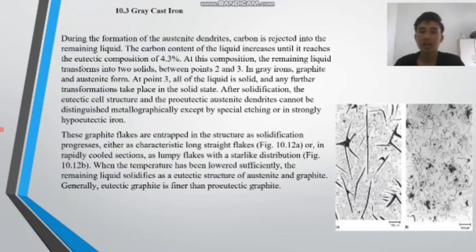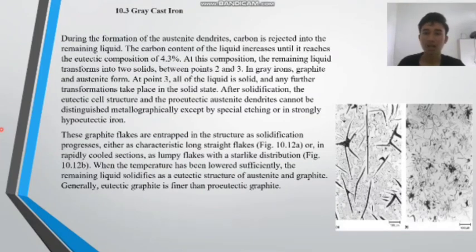10.3 Gray cast iron. During the formation of the austenite dendrites, carbon is rejected into the remaining liquid. The carbon content of the liquid increases until it reaches the eutectic composition of 4.3%. At this composition, the remaining liquid transforms into two solids between points 2 and 3. In gray irons, graphite and austenite form.